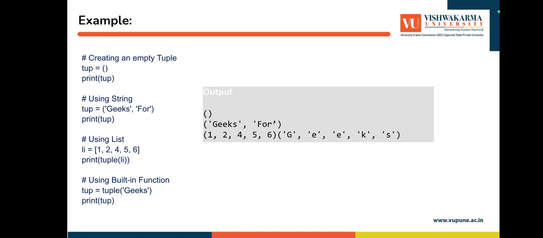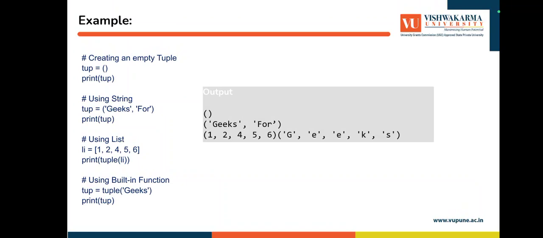Using a list, we are storing 1, 2, 3, 4 and 5 in a variable called li, which we are printing in the form of a tuple: print tuple, passing the variable li using the built-in function tuple. And tuple Geeks: print tuple. The tuple is a built-in function which will print the specific output we desire.